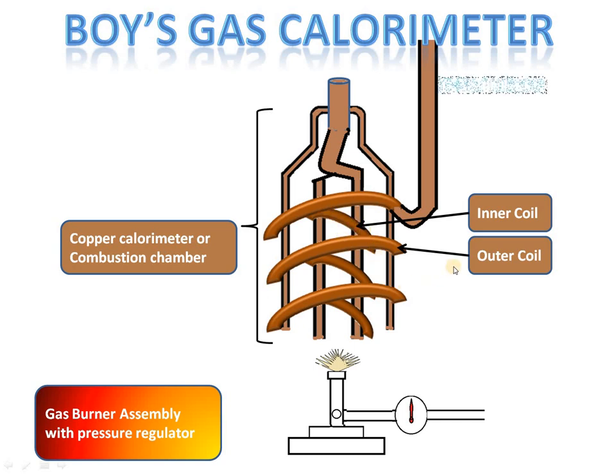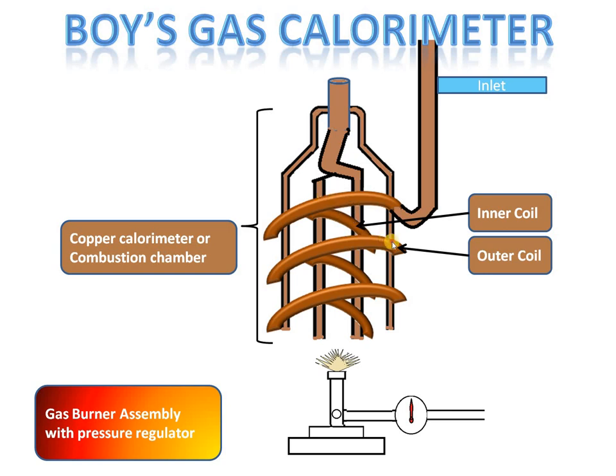Now this outer coil is connected to the inlet of water, so water will enter through this inlet. It will flow through the outer copper coiling towards the downward of this combustion chamber, and from downward it will enter into the inner coiling and flow upwards through it.